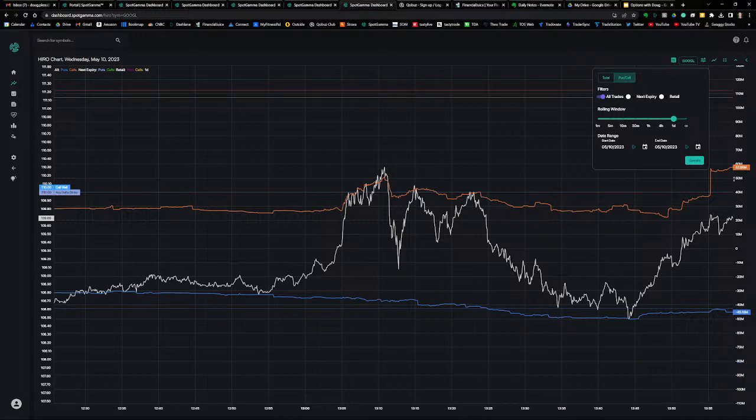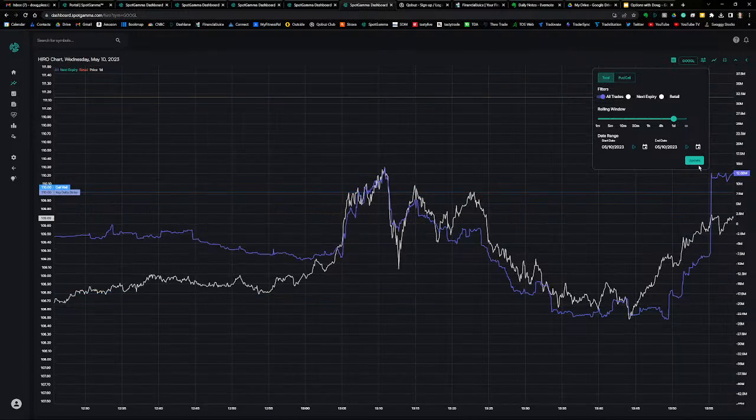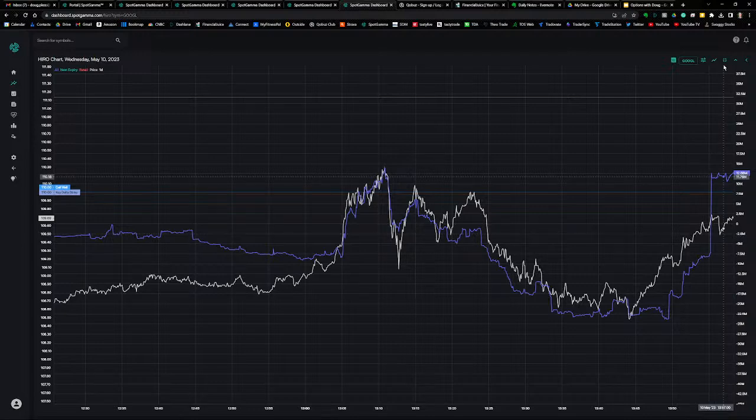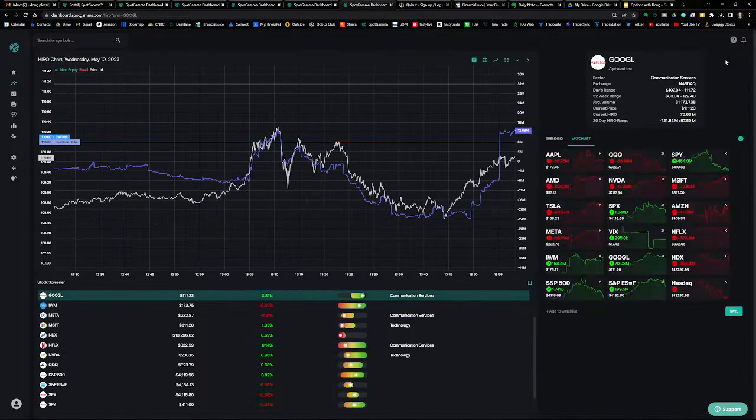That's shown by the positive orange number, and they're also buying puts. And right now the call buyers are winning at 58 million versus minus 45 million for puts.